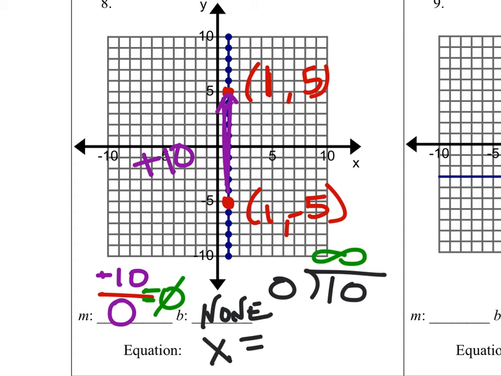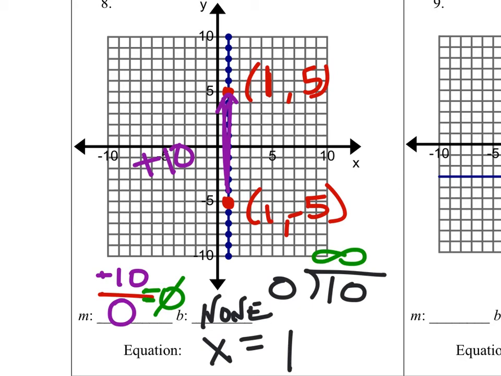Does anyone know what x equals? In this case, where did the line cross the x-axis? 1. You see how for all those points that it graphed for us, the x value is 1. So x is 1. That would be the equation.